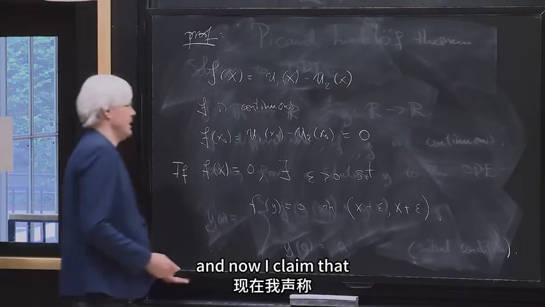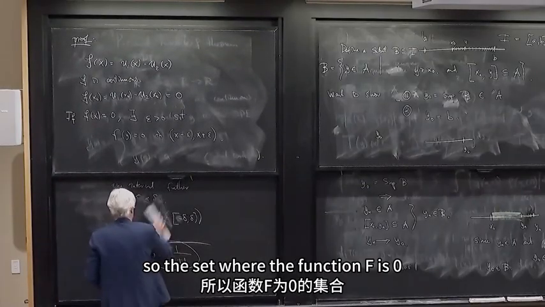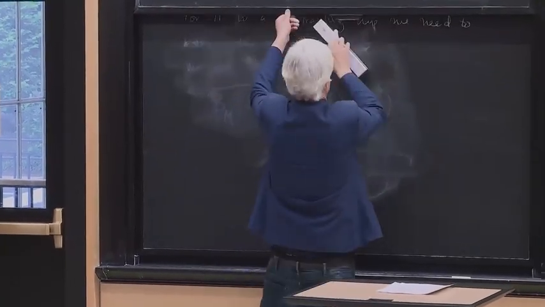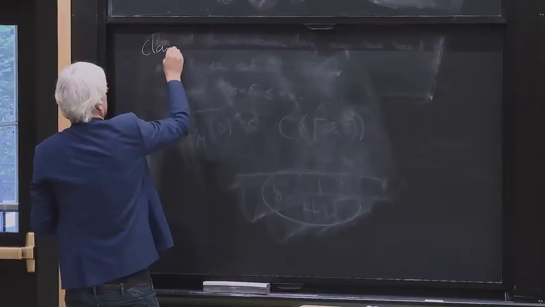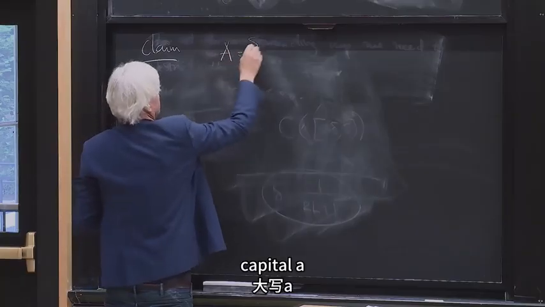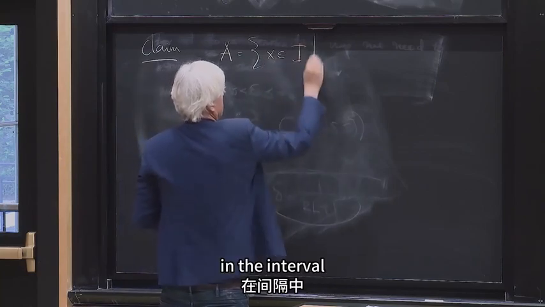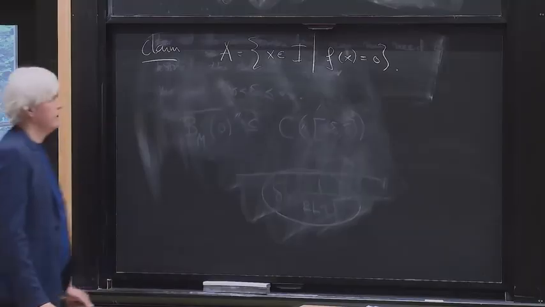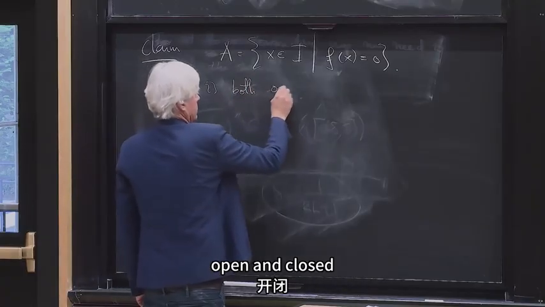Now the claim is that the zero set, the set where the function f is 0, is both open and closed. So the claim is that the set capital A, the set of x in the interval where f of x is equal to 0, is both open and closed.